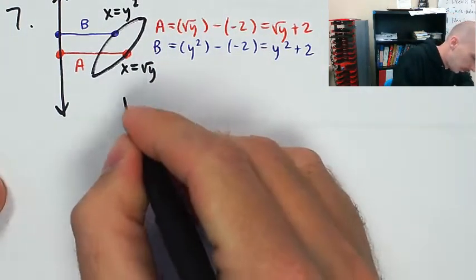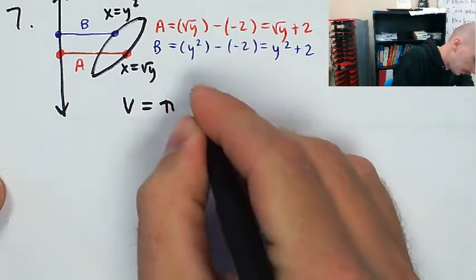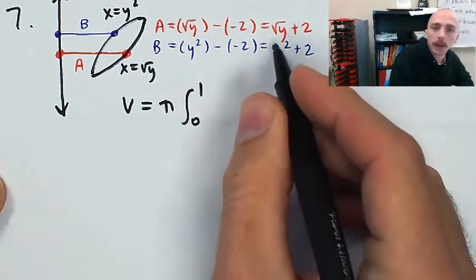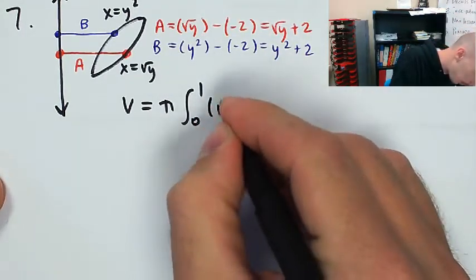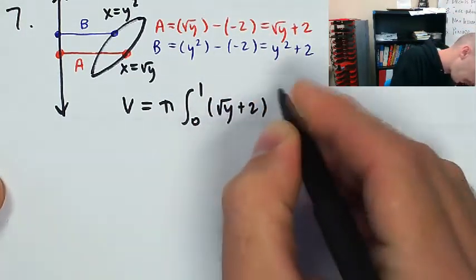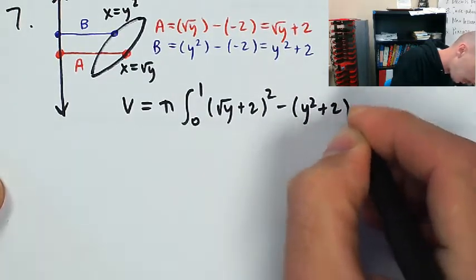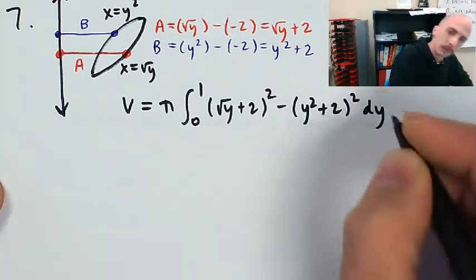All right, volume is going to equal pi times the integral from y equals 0 up to y equals 1 of large radius squared minus small radius squared dy.